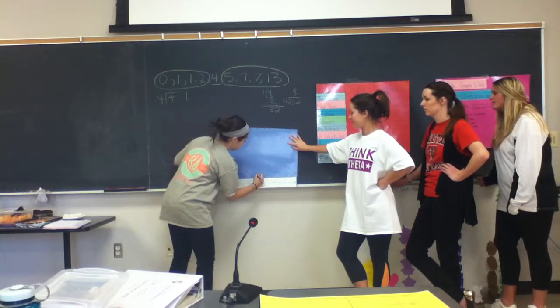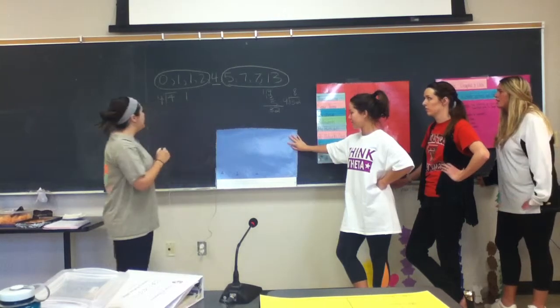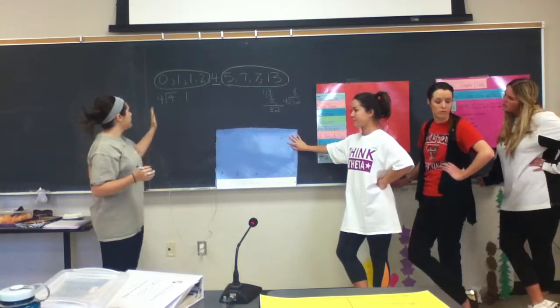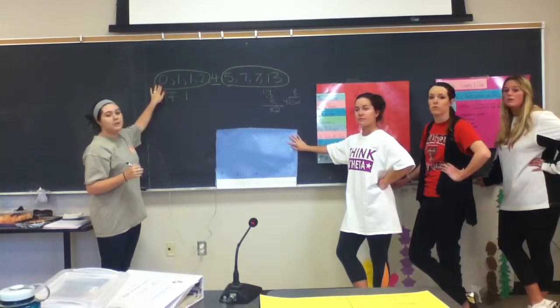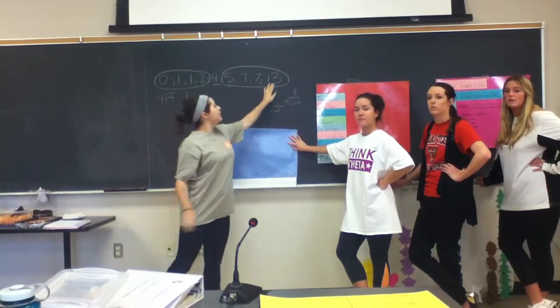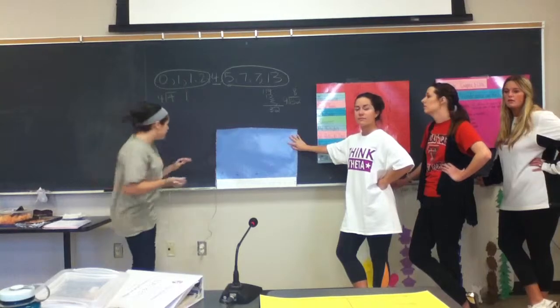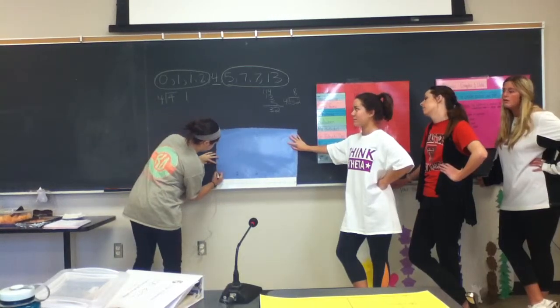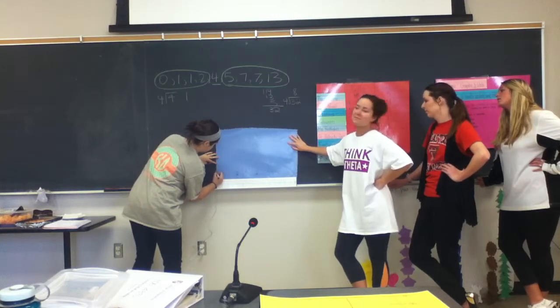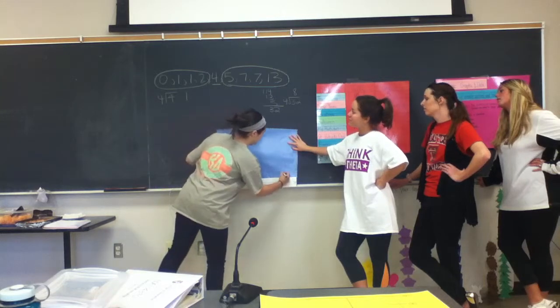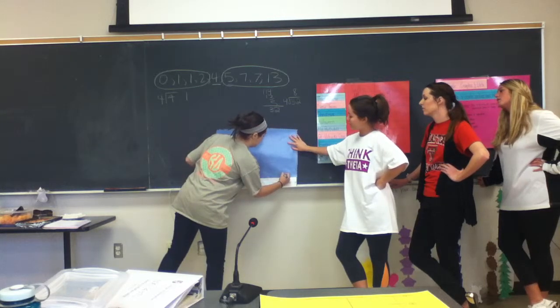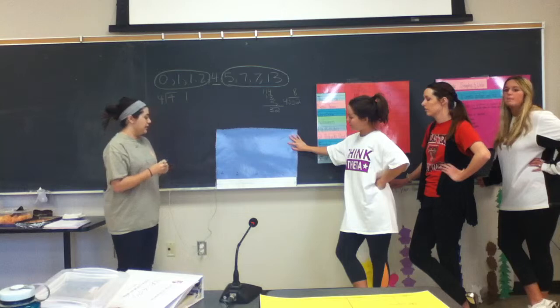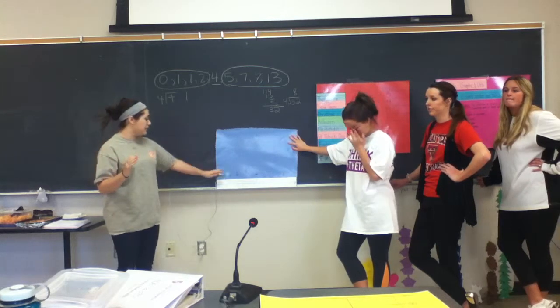And then we want to also label our lowest number and then our greatest number, because that's the full range of numbers. So we'll draw a dot above 0 and label it lowest, and draw a dot above 13 and label it highest. And then what you're going to do is create a box with the quartiles.